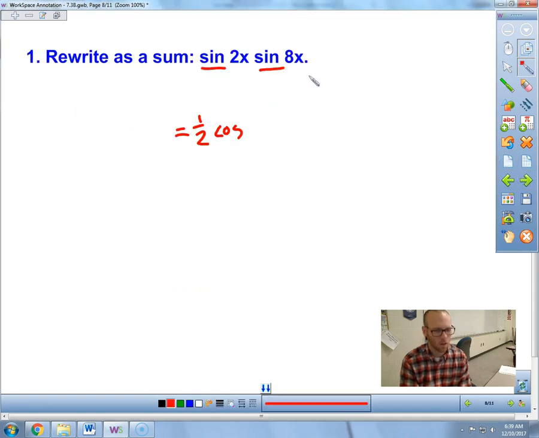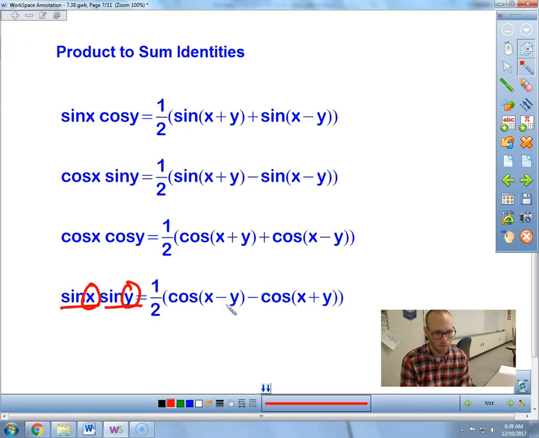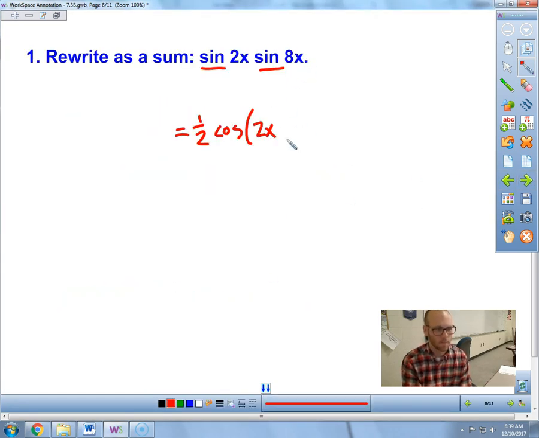What's the angle of our first sine on this one? 2x minus, what's the angle for our second sine? The 8x.